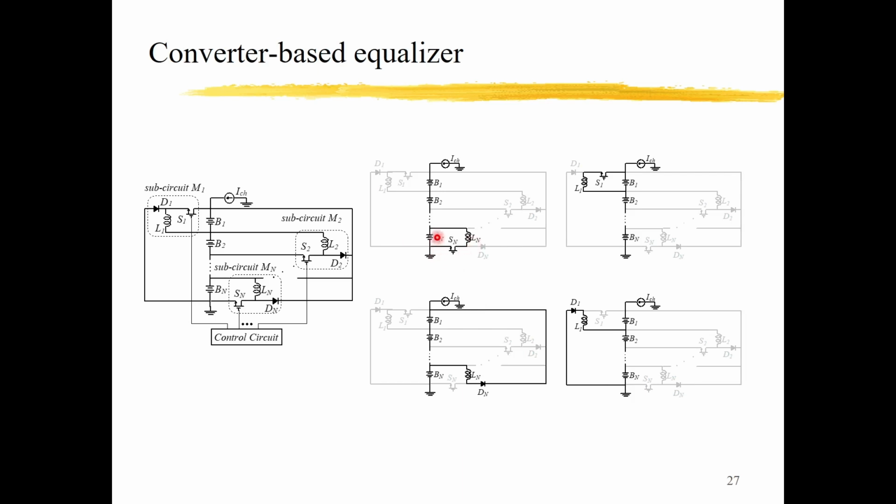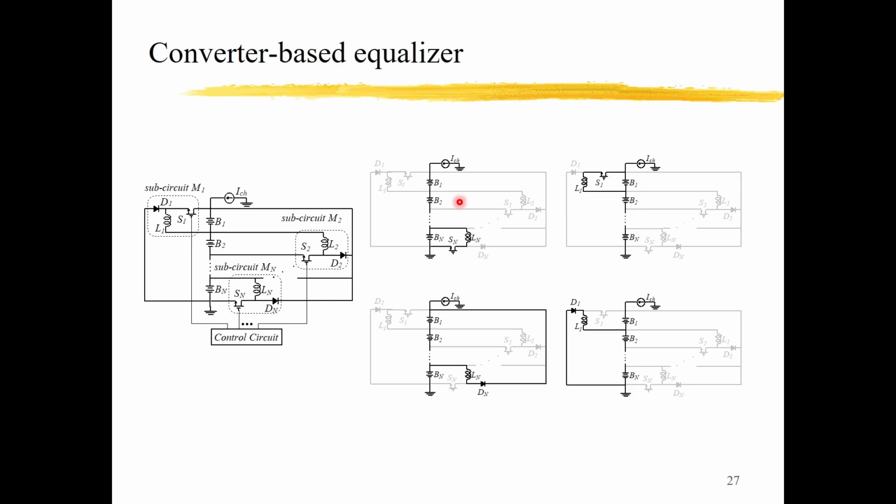I can transfer the energy from this cell to the upper cells, but in the end, I may want to transfer the energy from this cell to, for example, this cell. In this method, I can only transfer from here to all these cells, and then maybe this cell transfers to the upper cell and so on. It takes several transferences before the energy can reach its target.